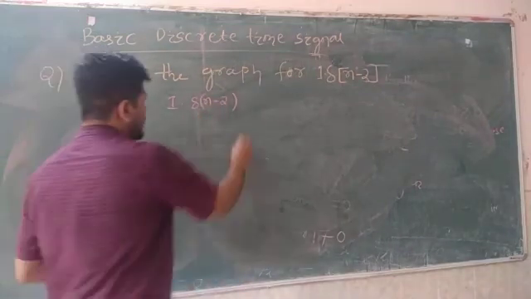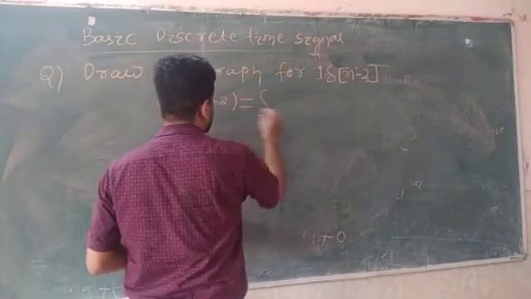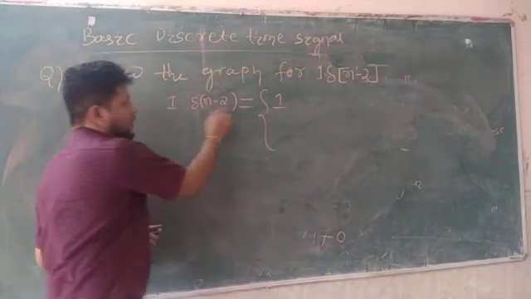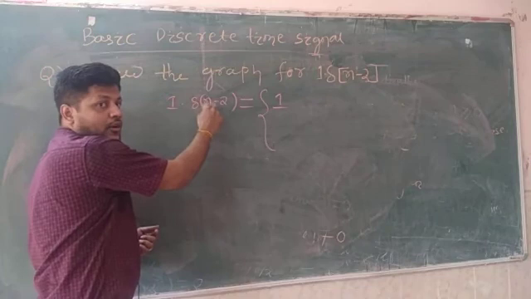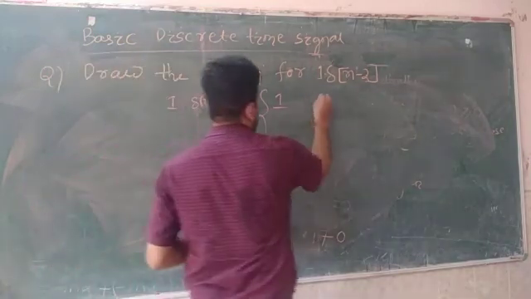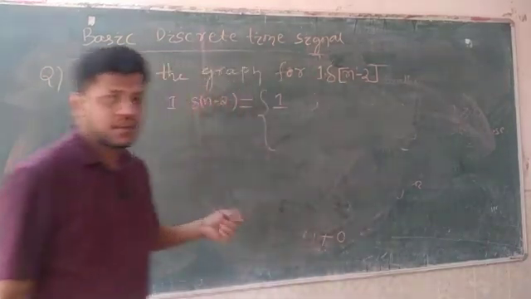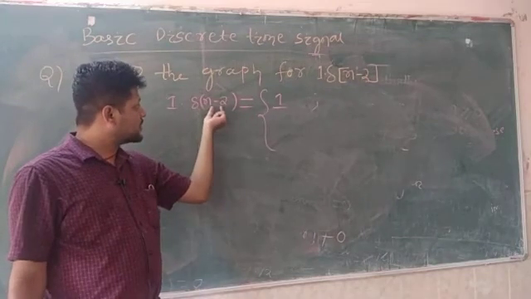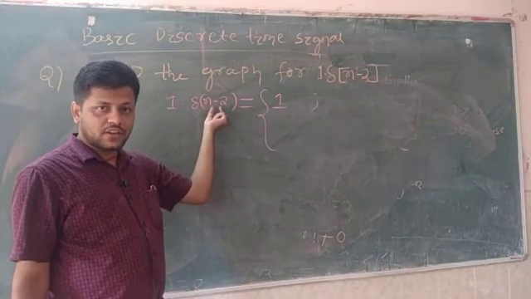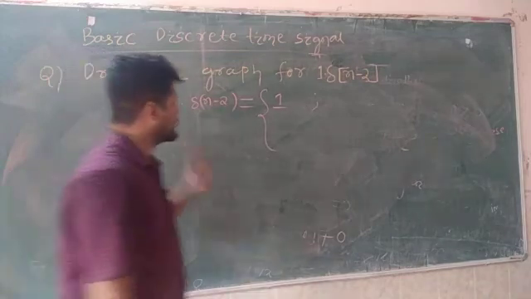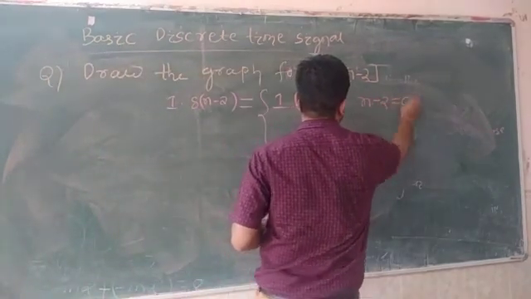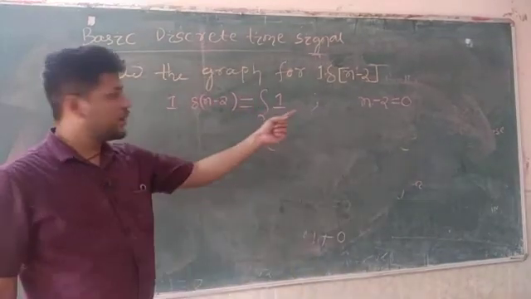This equals 1 only when the bracket, whatever is inside it, is equated to 0, because in a unit impulse signal we equate it to n equal to 0. So n minus 2 equal to 0. So this is 1 when n minus 2 equals 0.